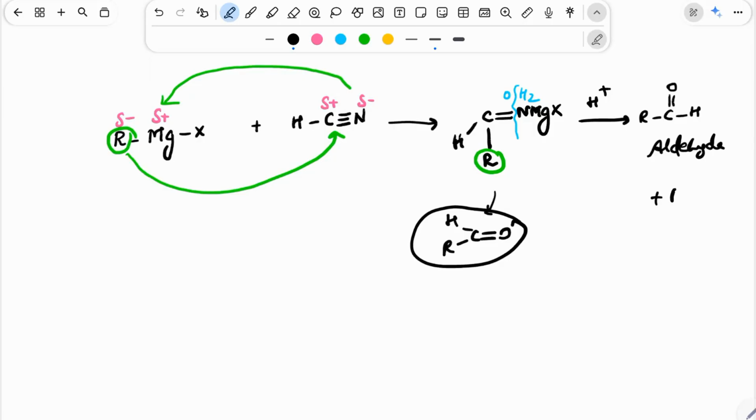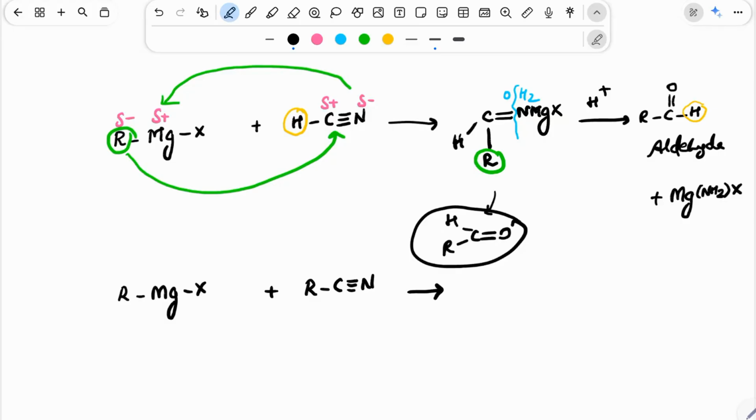Here I can write it as RCH double bond O, right? I will get an aldehyde as the product. Along with that, what will I get? MgNH2X, right? Instead of this H, if I am using R, what happens? I will get ketones. Simple.